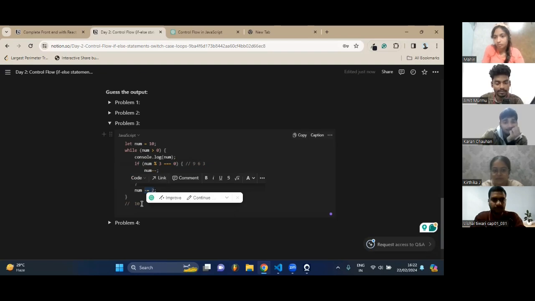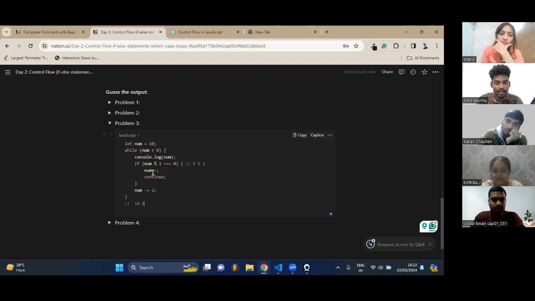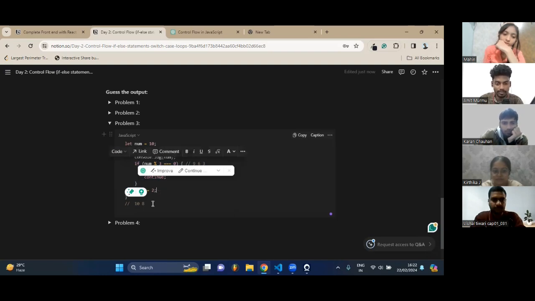So next the num is 8. So from the next iteration the num is 8, and again we are logging the num at the very first line. So we are logging 8, and then we are again checking if that 8 is divisible by 3. It is not divisible. We are again skipping this whole thing, and again we are decrementing it by 2.